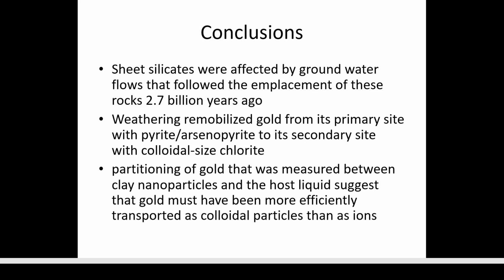The partitioning of this gold was measured between clay nanoparticles and the host liquid and suggests that the gold is more efficiently transported by the colloids when compared to its ions.